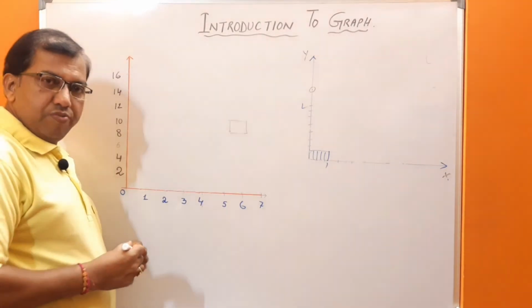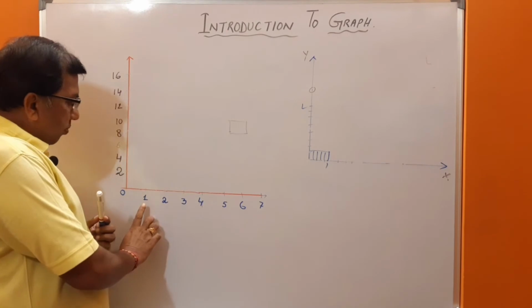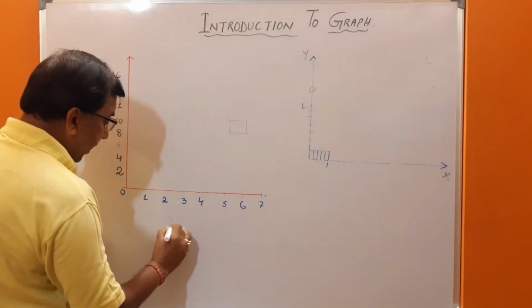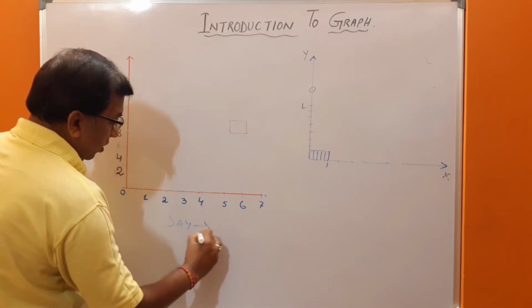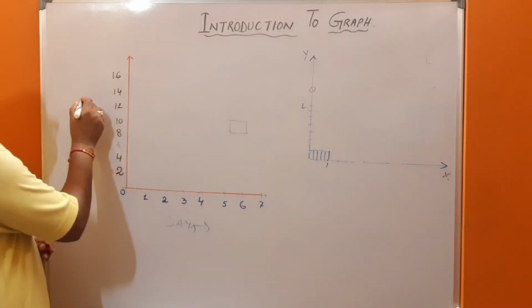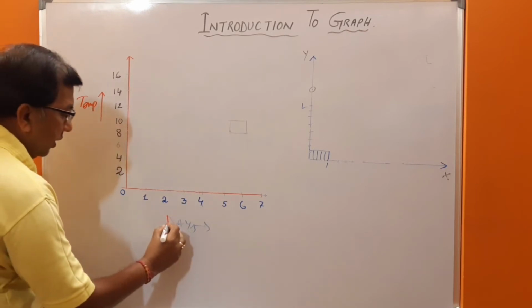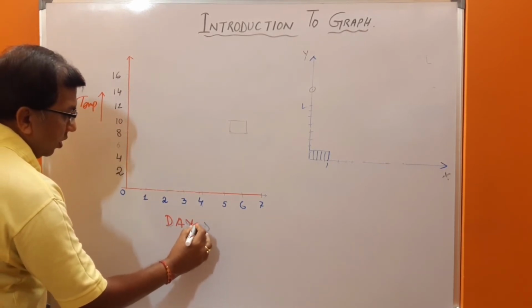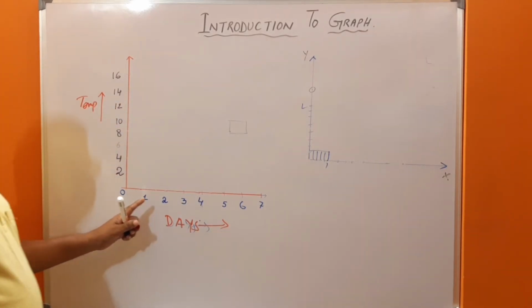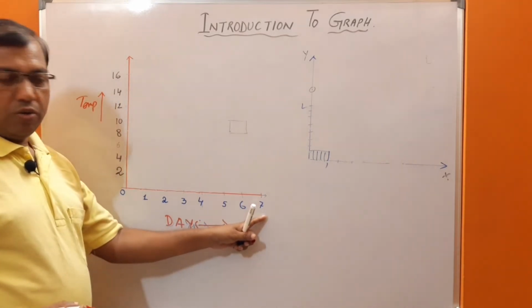Draw the graph of the temperature of a particular week in a month. So the week has 7 days; first write this is days, and this is temperature. First, second, third, fourth, fifth, sixth, seventh day, 1 week.